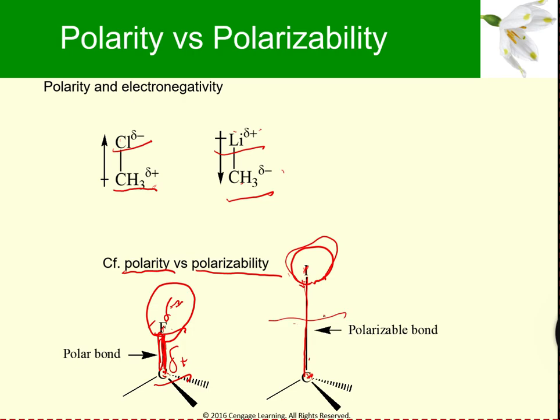When the bond is broken, the electronegativity of iodine is higher than the carbon, so the bond will be cleaved and produce iodine minus and carbon plus. And in this case also, the bond will be broken and produce F minus and carbon plus.